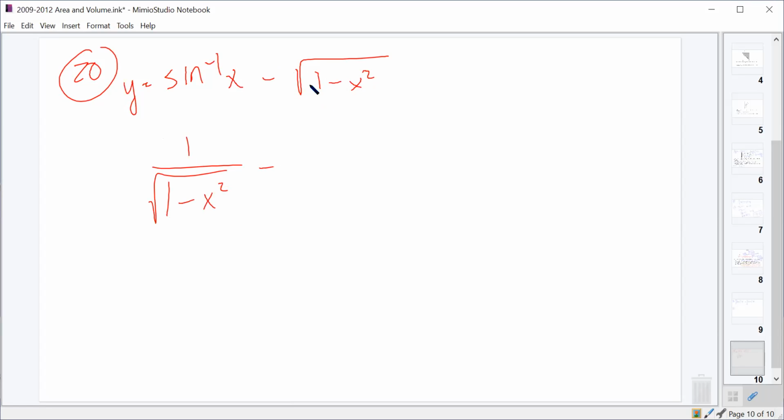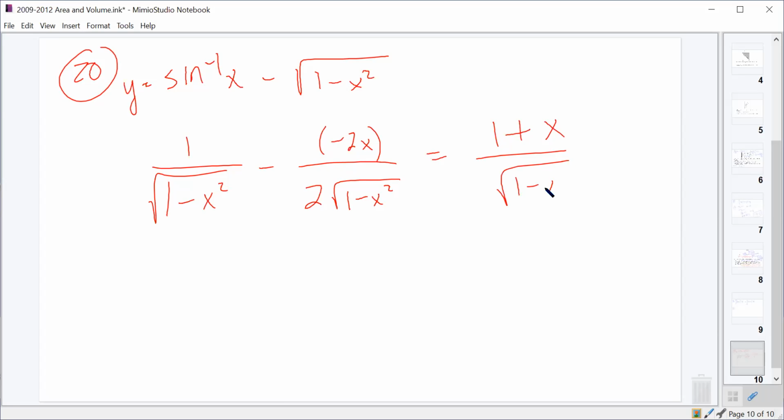And then the derivative of the square root of 1 minus x squared, this is square root of u, so it ought to be 1 over 2 root u times the derivative of what's inside of there, which is negative 2x. The 2 should cancel there, and the negative should become a plus, so this should give you 1 plus x over root 1 minus x squared, which looks like that is answer choice C. Everybody good with number 20 there?